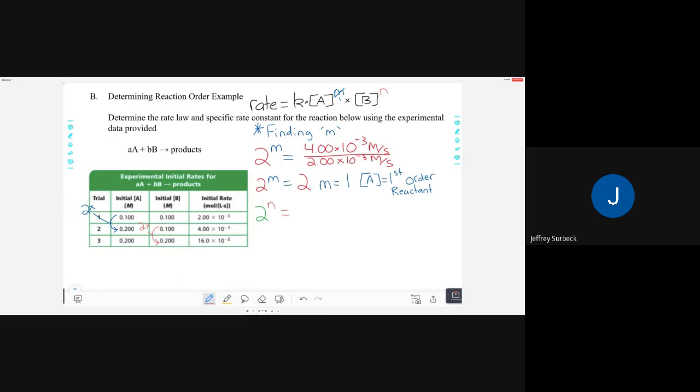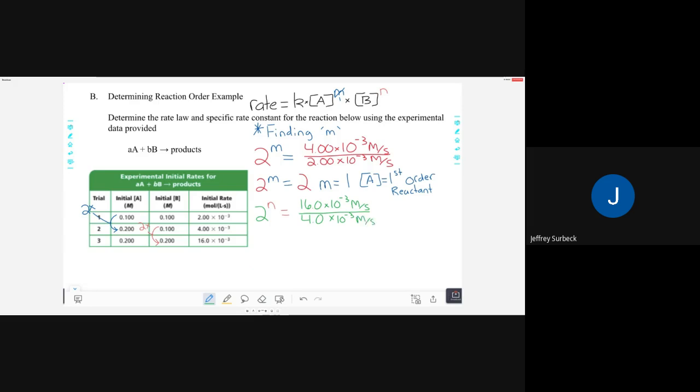So this time, again, because experiment 3 was our bigger concentration, we are going to have 16 times 10 to the negative third M/S all over 4, experiment 2, times 10 to the negative third M/S.